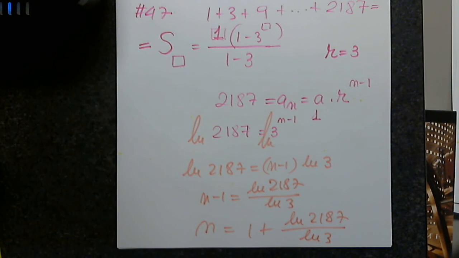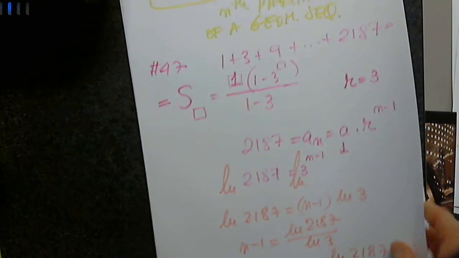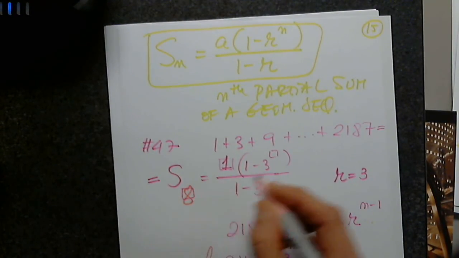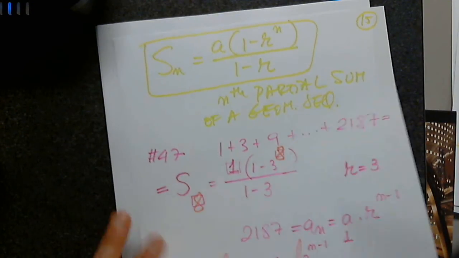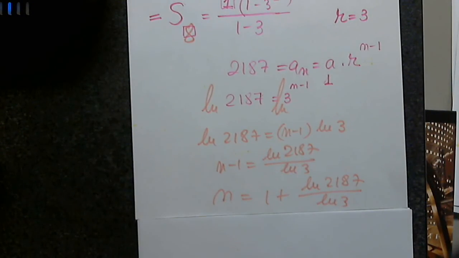Okay, I grab my calculator and I have 1 plus natural log of 2187 divided by natural log 3. And I got 8. So N is 8. So I have everything. 8 and 8. So now I can determine the sum of those numbers.